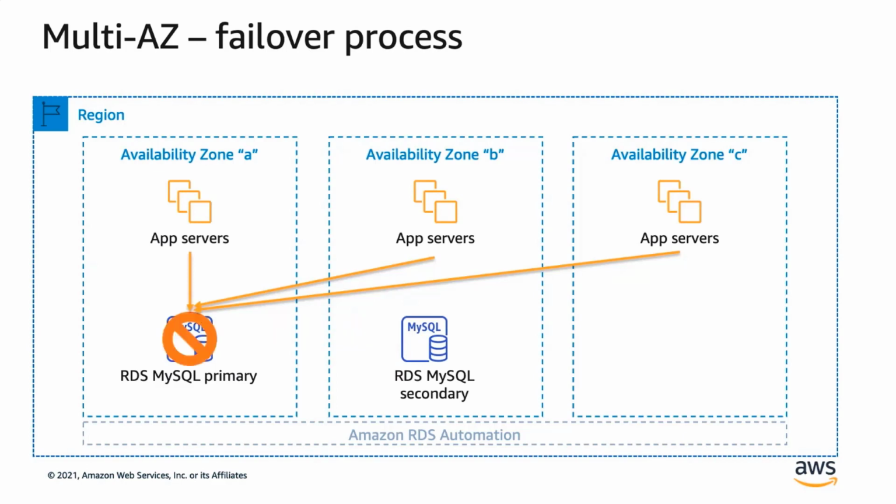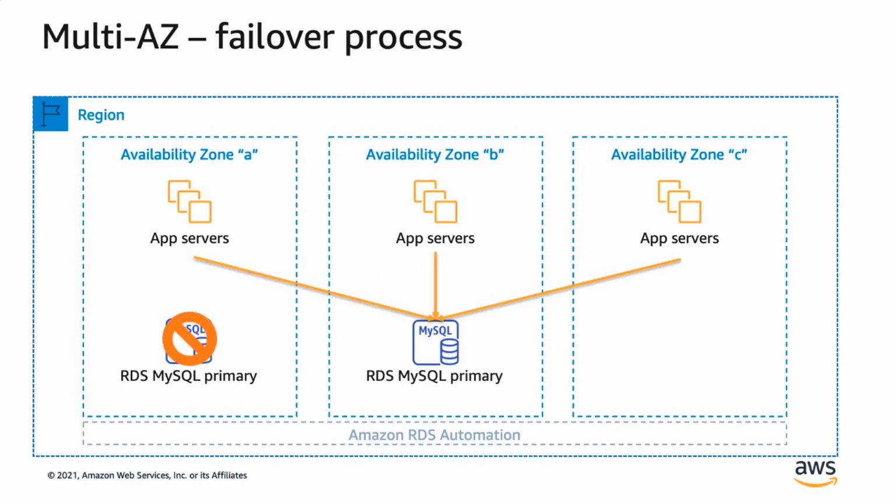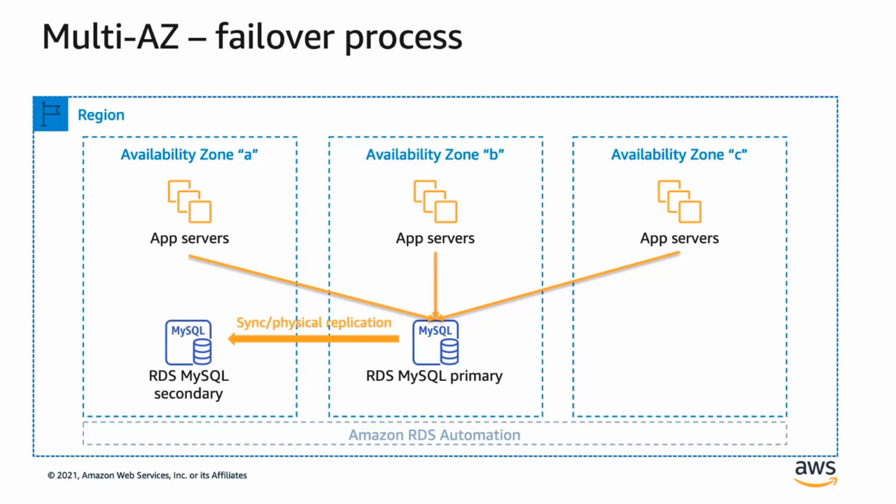If the primary becomes unavailable, RDS automatically converts the standby into a primary, allowing your applications to reconnect. And then RDS takes care of reinstating the failed primary as a standby instance and restores the high availability.